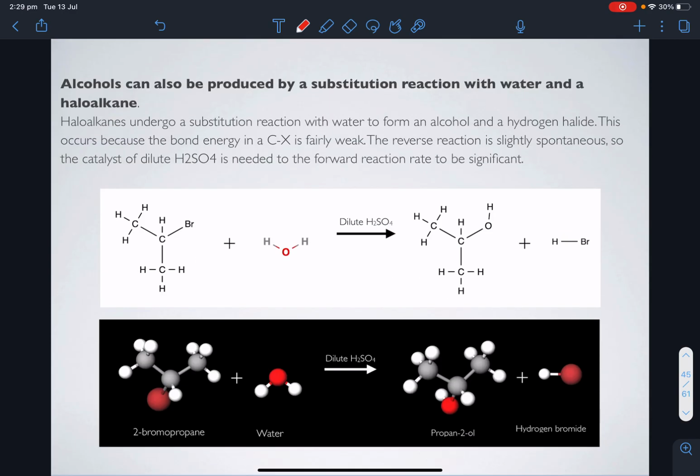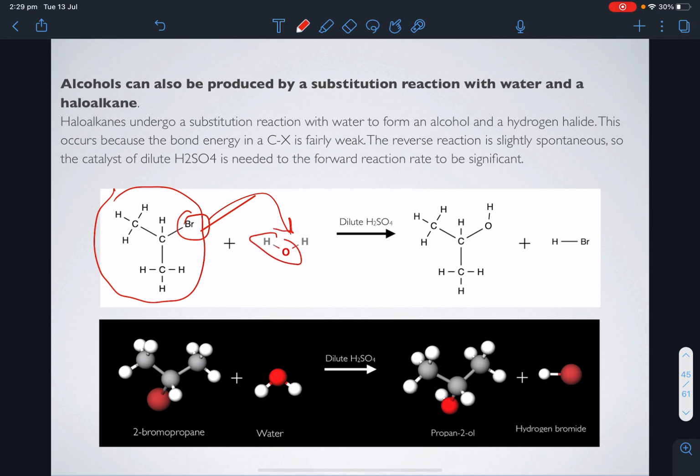Okay, the second one is, we just learnt about the opposite of this one. So we can do a substitution reaction with a halogenated alkane, and we can swap out the halogen, and we can add on the OH from a water.